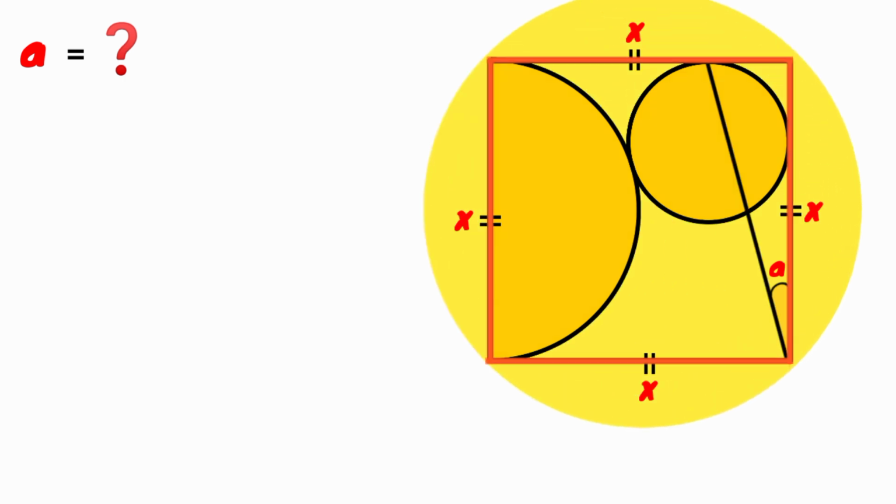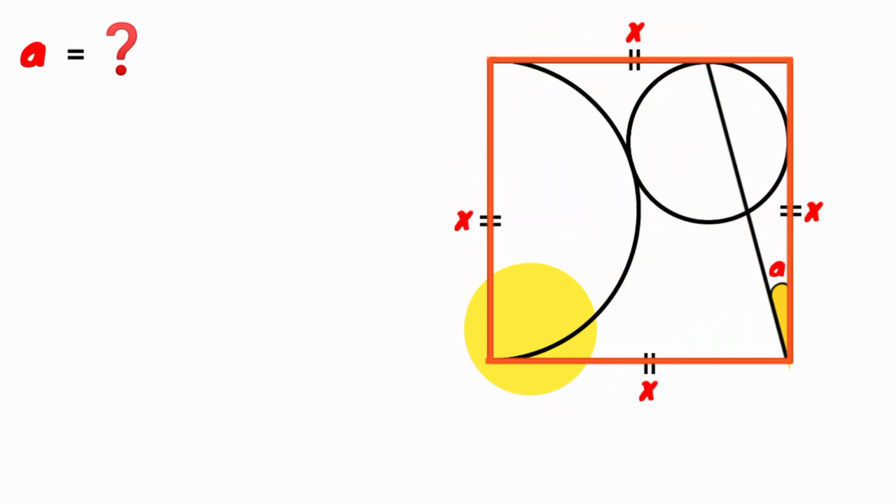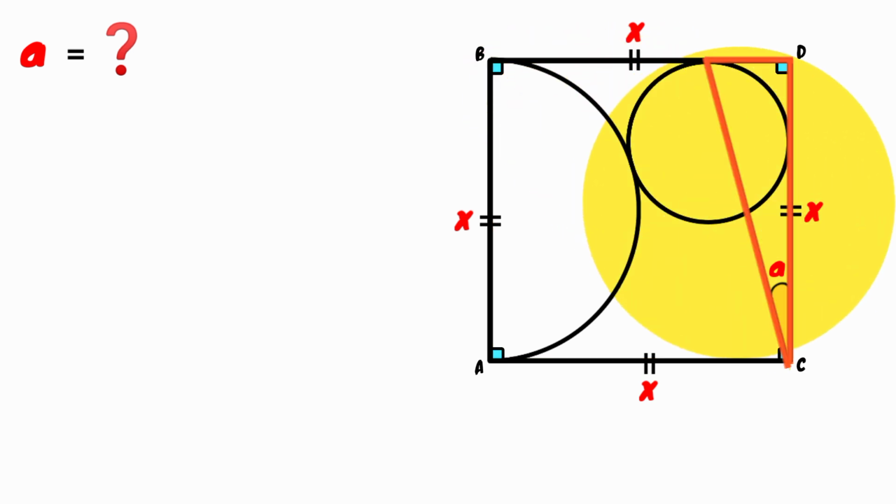Come to this square here. We know a square has all four of its angles to be right angles. That is, this angle, this, and this are right. Look at this triangle. It is a right angle triangle.